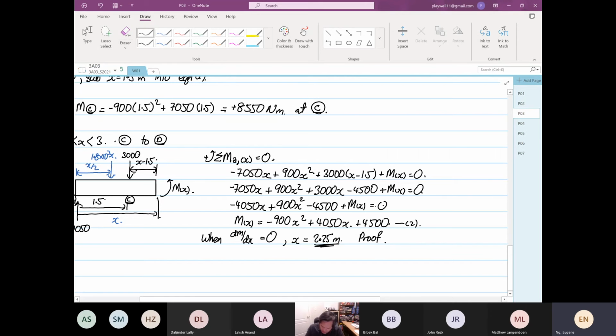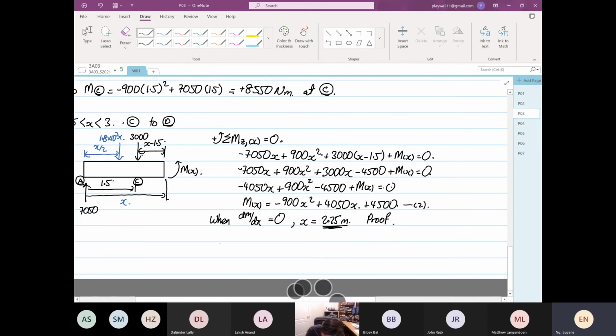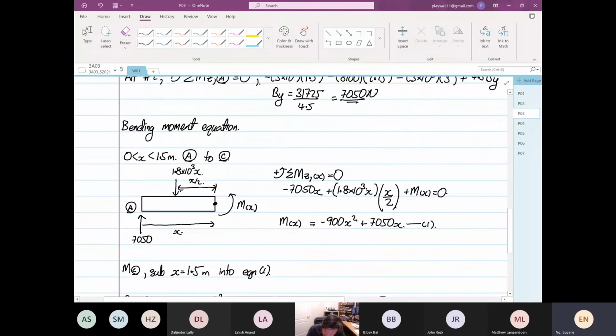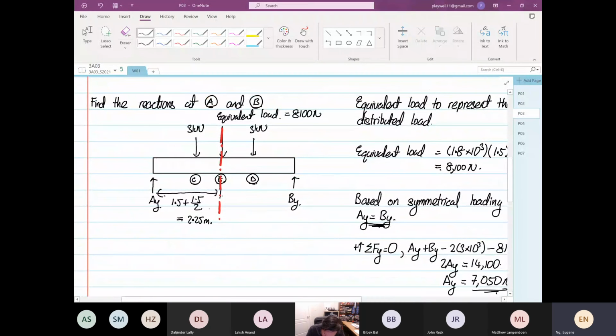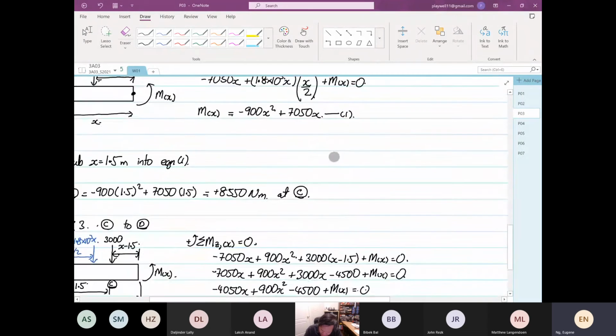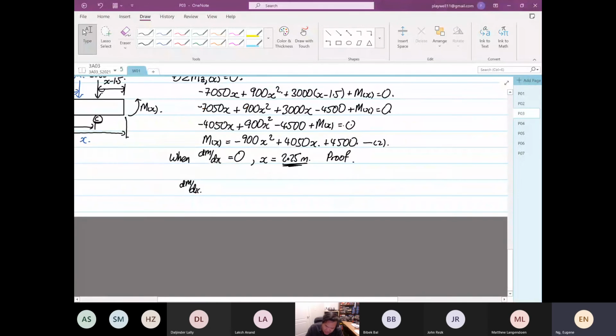So now we do dm by dx. Why 2.25 meters? This 2.25 sounds familiar, right? It's exactly at the center, where fracture will occur. When you differentiate, you get your shear force, which we'll teach you later, or you guys have done this before.